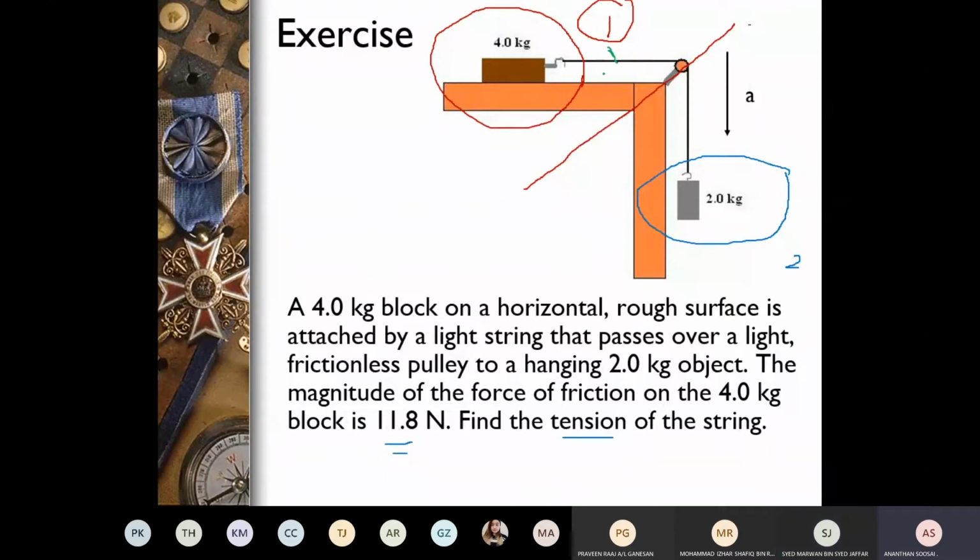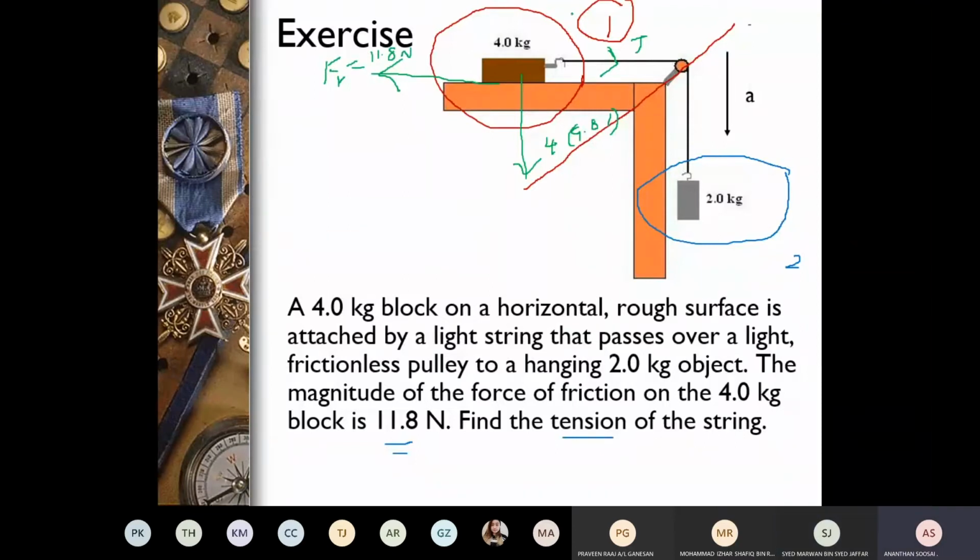So the tension is to the right. Then weight acting down, of course, 4 times 9.81. Then what force is opposing it? The friction. The friction is found to be 11.8.